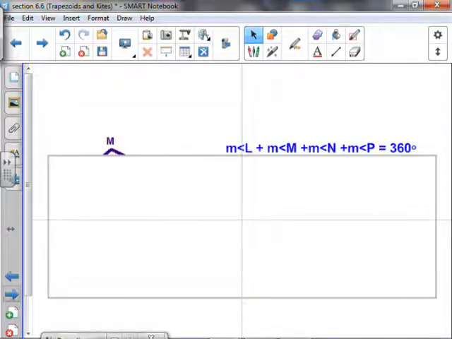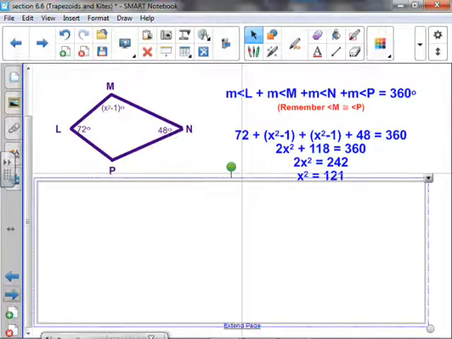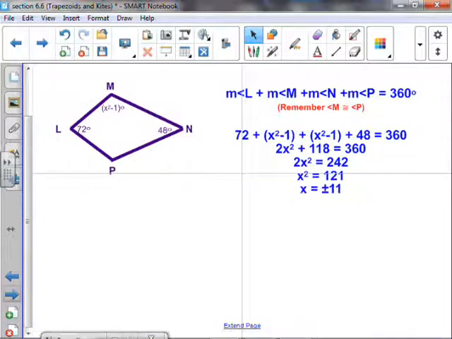Okay? And we have exactly what I just said. The 4 angles together add up to 360. We have that 72 plus 48 plus 2 of these guys here, x squared minus 1, is going to equal 360. So when we combine our like terms and try to solve, we get that 2x squared equals 242. So we divide both sides by 2.